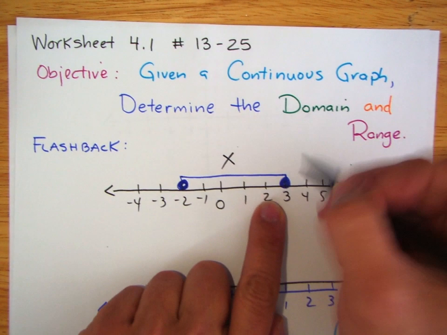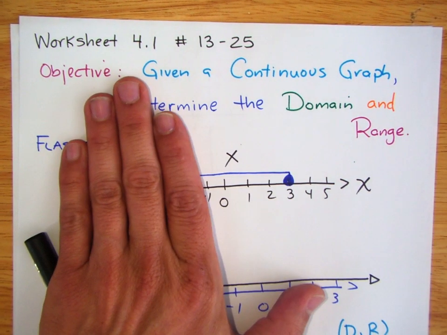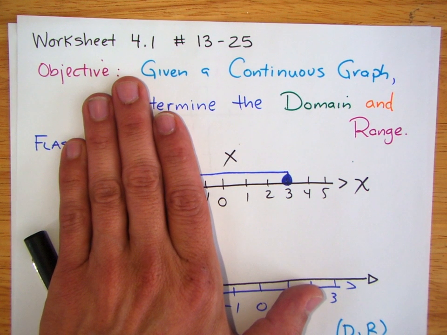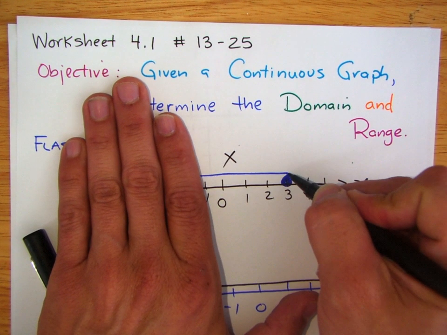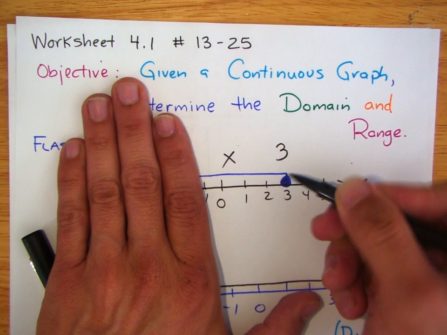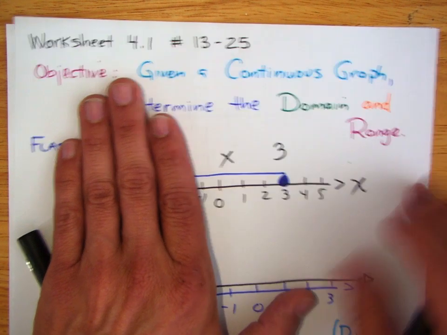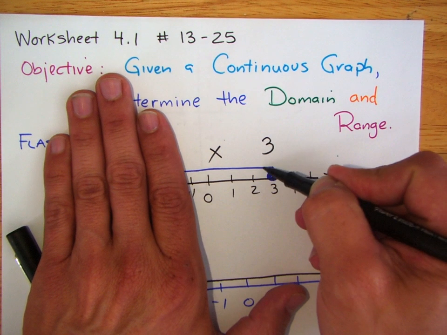So let's take it bit by bit. We're going to determine the inequality for this one. The x is, we're going to use 3, but we need all the numbers that are smaller, because this line is going to the left and the numbers are getting smaller.